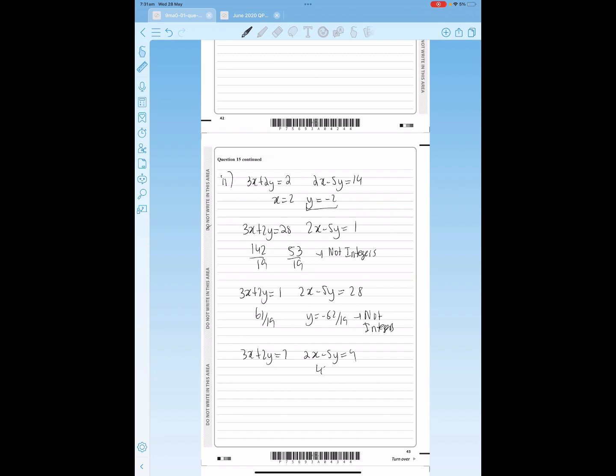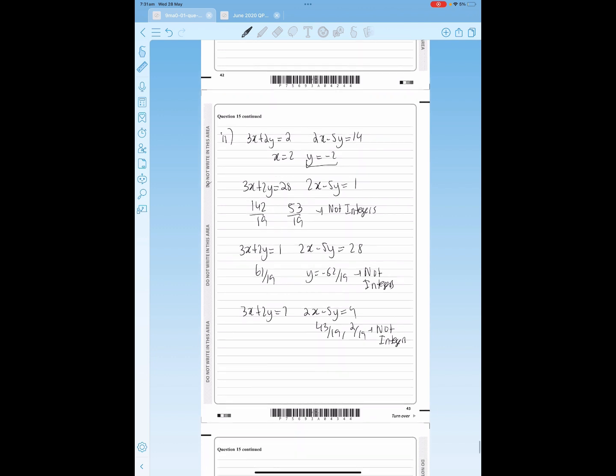You get 43 over 19 and 2 over 19. They're not integers. And then you would get 3x plus 2y is equal to 4, 2x minus 5y is equal to 7. You get 34 over 19 and minus 13 over 19. These are not integers and one of them is also negative.